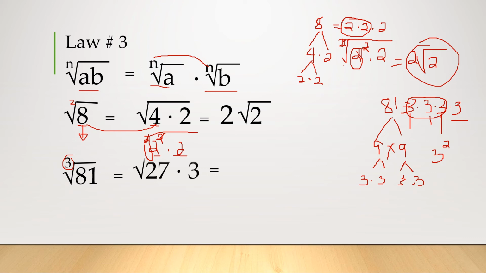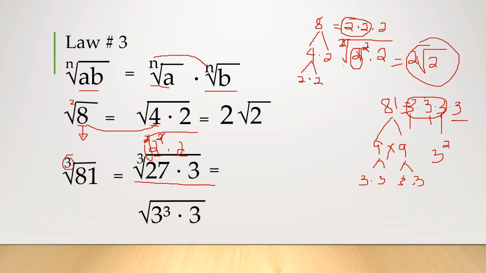Which means that 81 is equal to 27 times 3, or that 27 is equal to 3 cubed times 3. Okay? You can put it like this, or you can write it like that first, or you can do it directly using this factorization that I showed here.